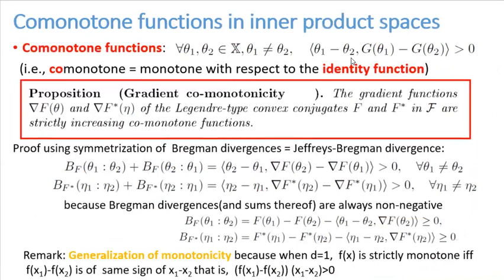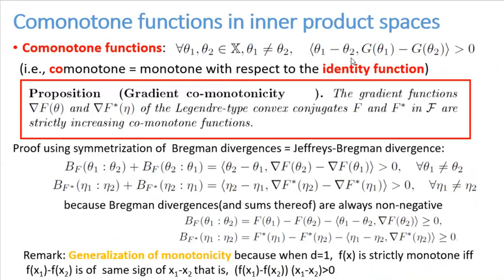And the notion of monotonicity for scalar functions can be extended to comonotone functions. So I will say that G is comonotone if, in some inner product space, I have this inner product which is always positive. And actually, the gradient functions Nabla-F and Nabla-F star are strictly comonotone.